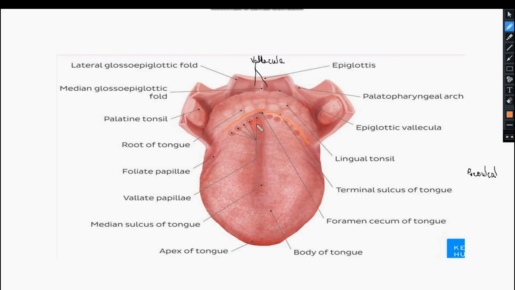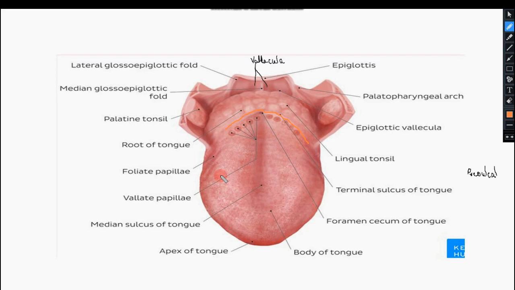So this all anterior 2/3 part of the dorsal surface is known as presulcal oral part, and this posterior 1/3. Now we will see here this presulcal part has many papillae.